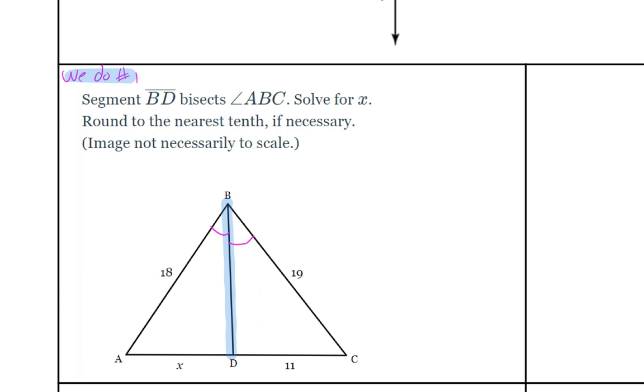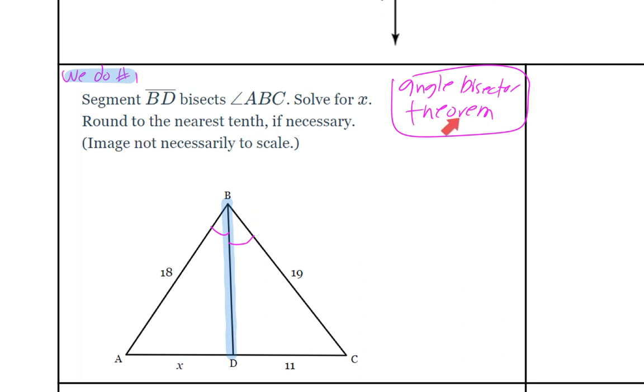So we know we're dealing with an angle bisector. There's something called the angle bisector theorem, and that's what we're going to use with this one. They want us to solve for x, to find the length of this. This is 18, this is 19, and this is 11, and they want us to figure out x and round it to the nearest tenth.